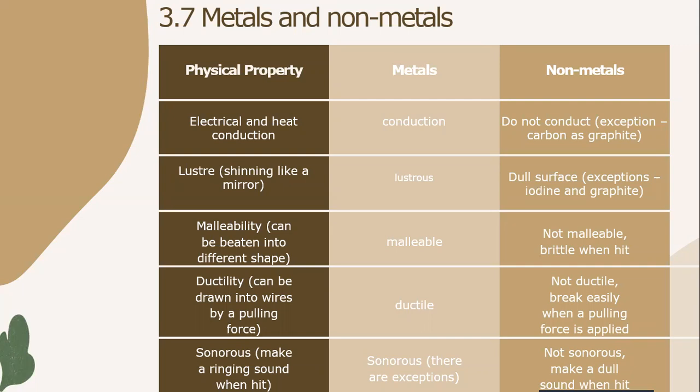Metals can be beaten into different shapes, meaning they are malleable, but non-metals are not malleable and are brittle when hit. In terms of ductility, metals are ductile and non-metals are not. And making a ringing sound when hit: metals do, with some exceptions, but non-metals make no ringing sound when hit.